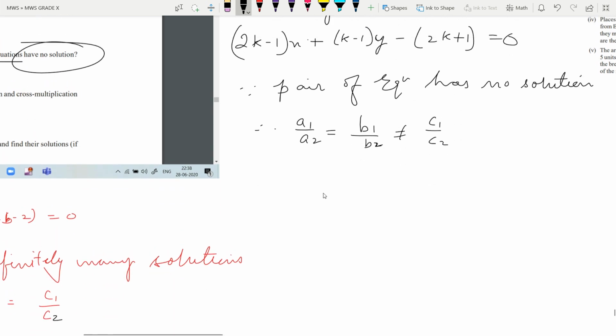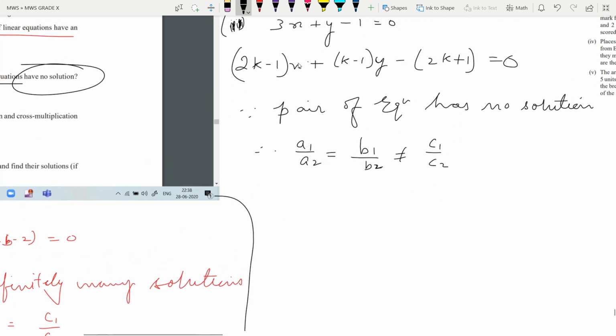Now put all the values. 3 upon 2k minus 1 is equal to 1 upon k minus 1 is not equal to minus 1 upon minus 2k plus 1.